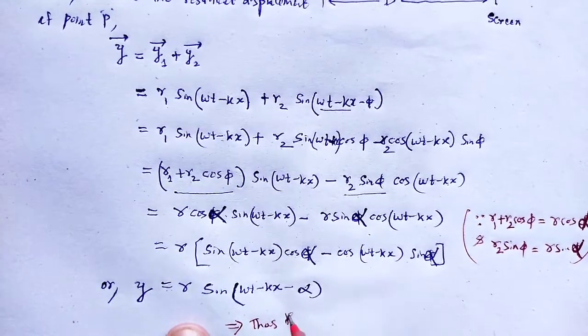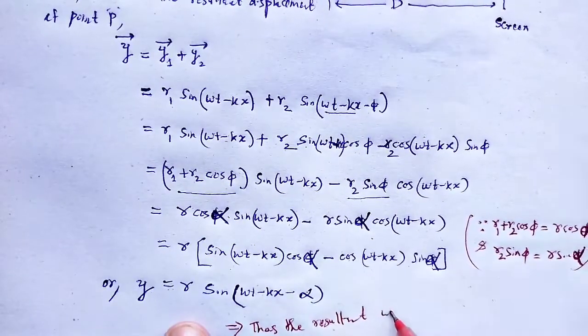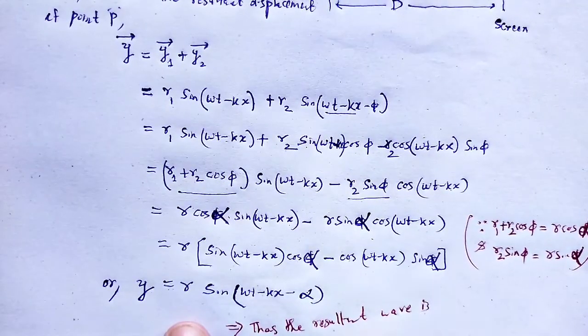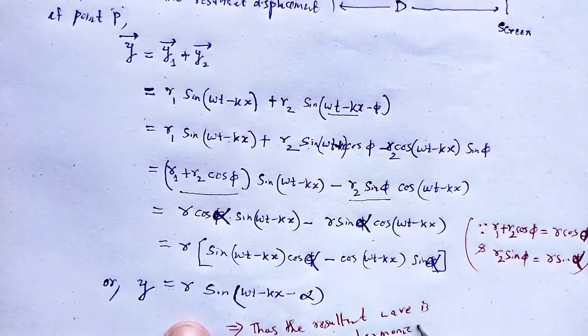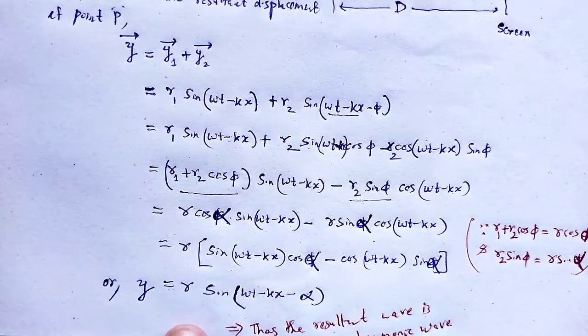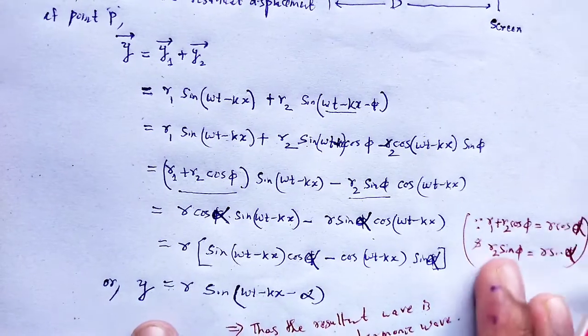Thus the resultant wave is a harmonic wave: y is equal to r sin(omega t minus kx minus alpha).